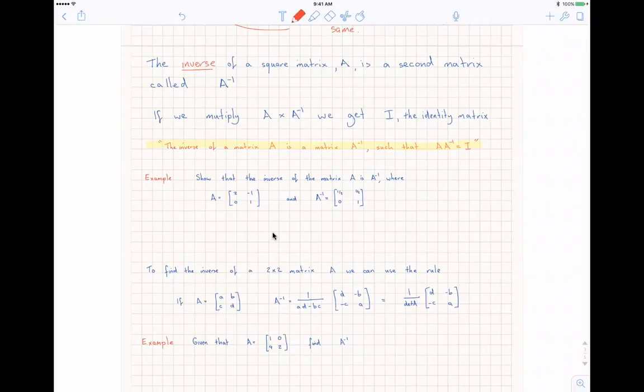So potentially, if we multiply these two matrices together, we should get back the identity matrix if A to the -1 is the inverse of A. So I've got a 2 by 2 times a 2 by 2, so we should get back a 2 by 2.